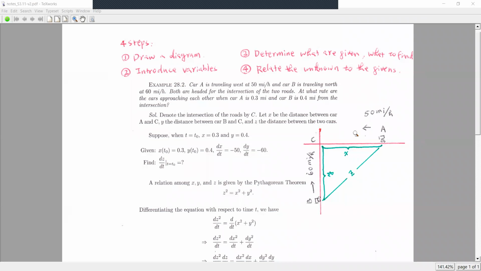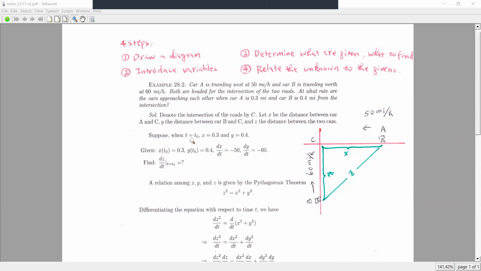Initially, when time is 0, car A and car B may be very far from the point C. Because A and B are traveling toward the point C, there must be some instant when car A is 0.3 miles and car B is 0.4 miles from the intersection point C. Let me denote the instant by t0.